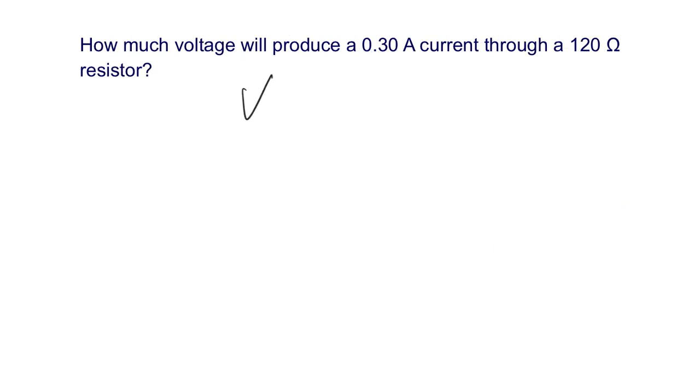Again, incredibly easy. How much voltage will you have on either side of a wire if 0.3 amps of current is running through the wire and the resistance of the wire is 120 ohms?